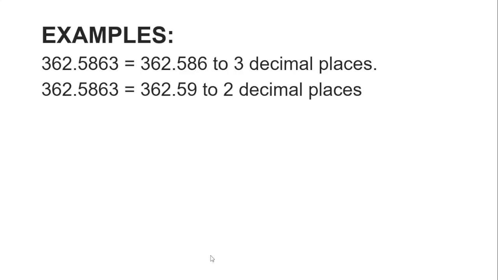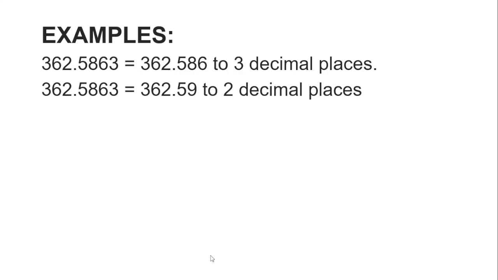It's rounded to 2 decimal places, and the second decimal place is 8, and the number next to that is 6, right? Since 6 is above 5, you add 1 to the corresponding number, in this case 8. So 8 plus 1 is 9. And then remove the other decimals beyond 2 decimal places. And that's how easy it is.